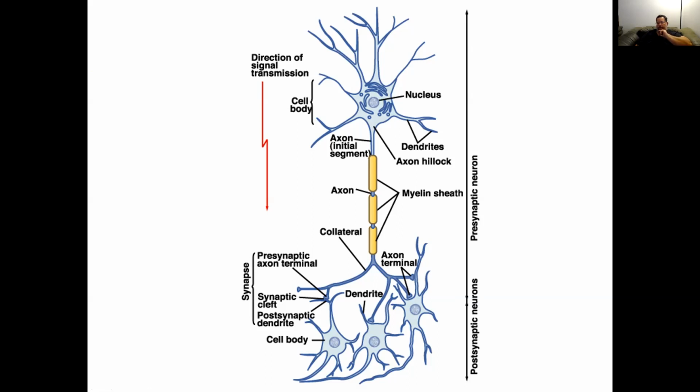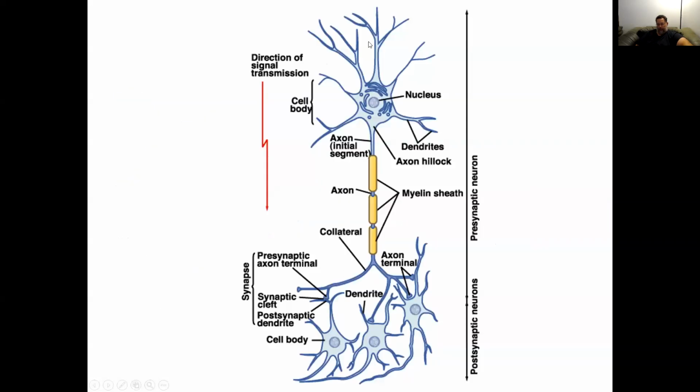And as you can imagine, you could have a neuron that is presynaptic, and then this one is postsynaptic, but this one postsynaptic neuron could be presynaptic to another neuron. So again, it's just showing you how it flows from one neuron to the next. And again, the synapse is the space between, that includes the axon terminals and the dendrites, and then the actual space is the synaptic cleft.